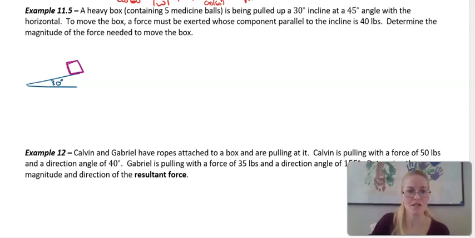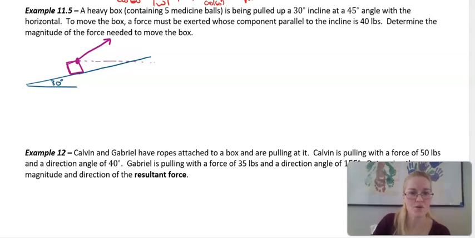So now you are exerting enough force to move it this way, at a 45-degree angle with the horizontal. So there's my horizontal, 45 degrees. So really, it's almost like this picture here. Like here you are.